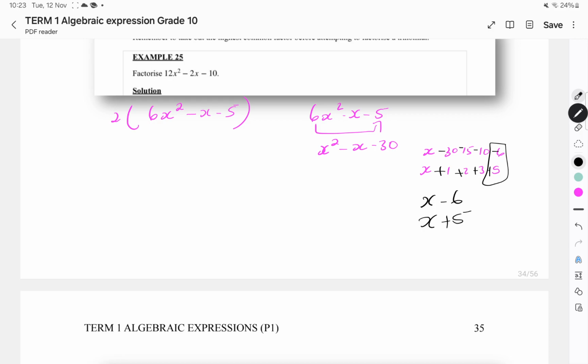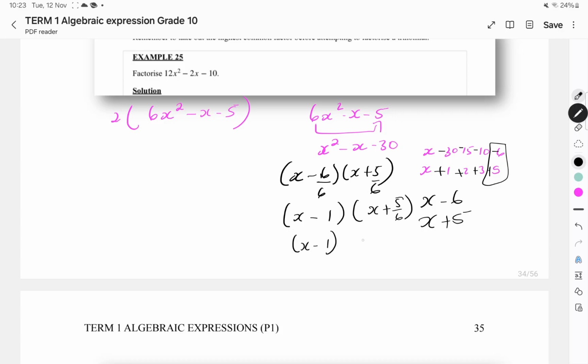Good. Remember we multiplied by 6, so we divide. This will be x minus 1, and this will be x plus 5 over 6. This one is fine, you don't need to multiply. You multiply this one, you get 6x plus 5, and then you are done.